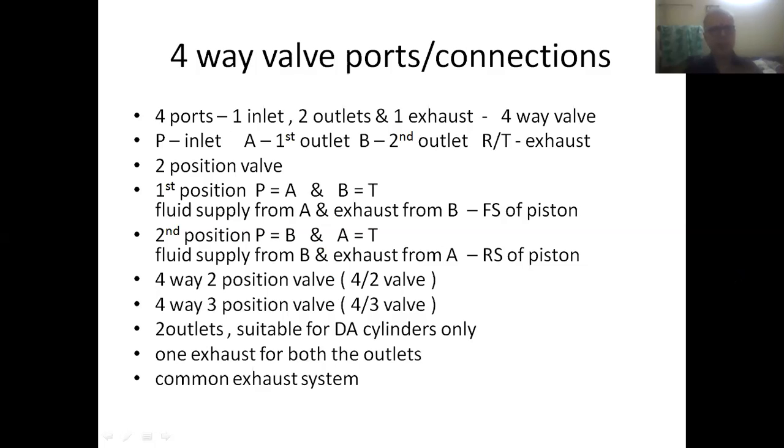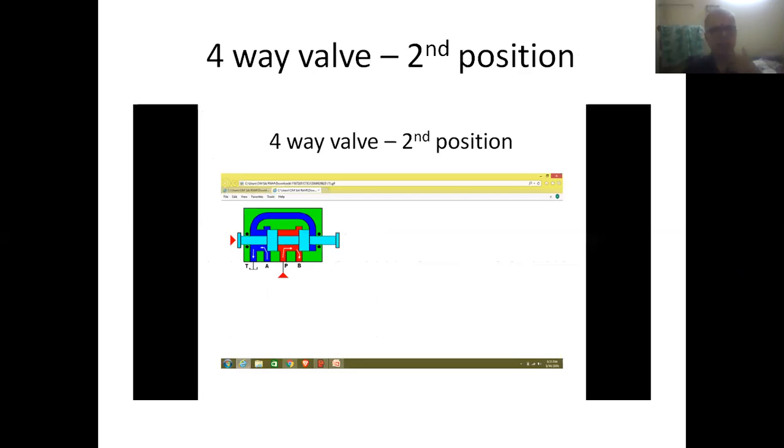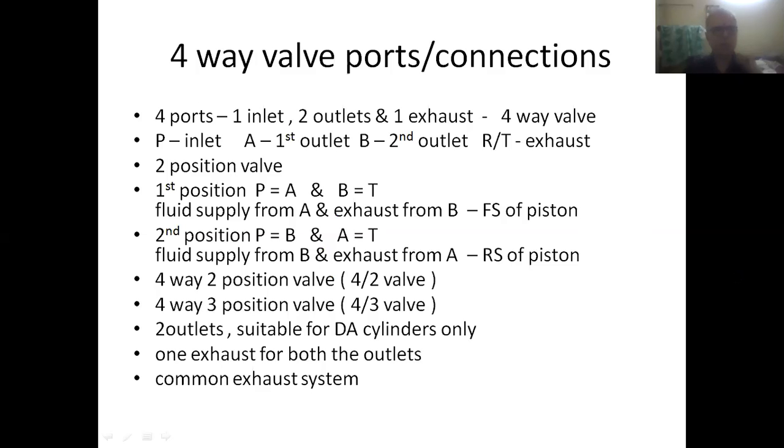And basically it's a two-position valve. So in the first position, these are the port connections. In second position, these are the port connections. First position for performing forward stroke of the piston, and second position for performing return stroke of the piston.